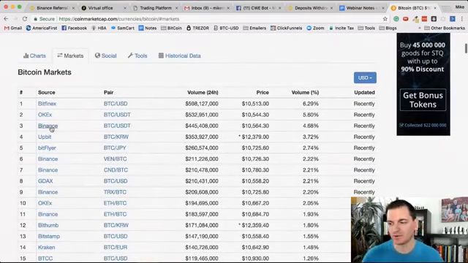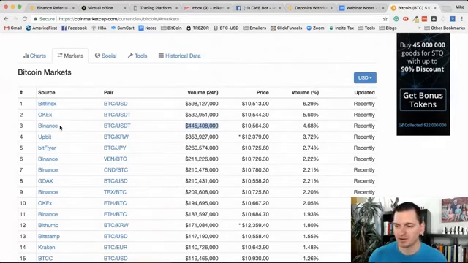Binance is number 3 in terms of volume, out of the whole Bitcoin world. Isn't that amazing? So basically, this company, CWE, was able to connect into the API of Binance, which is number 3 in all volume for all Bitcoin transactions. That's pretty impressive, guys.